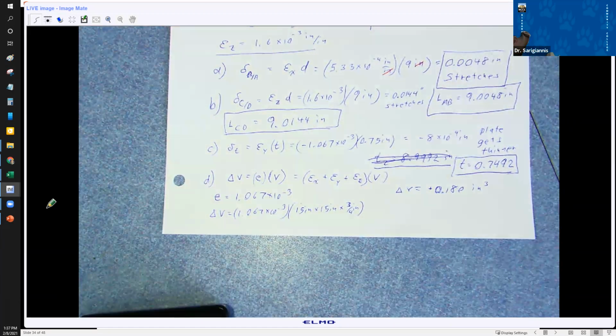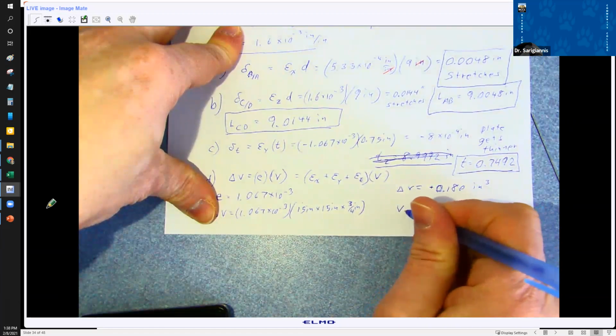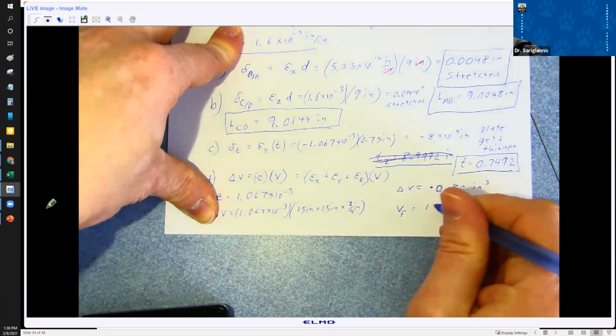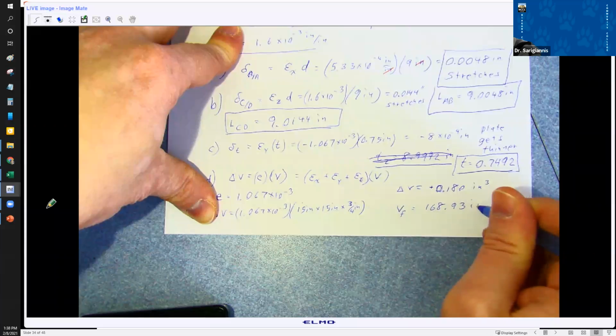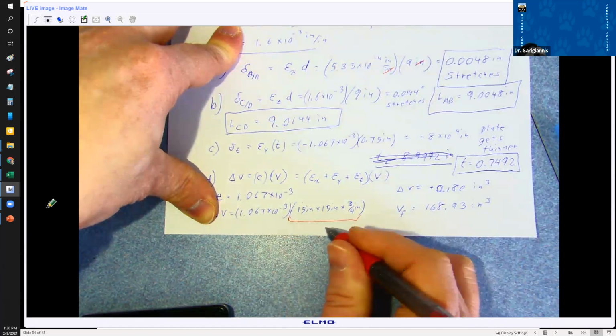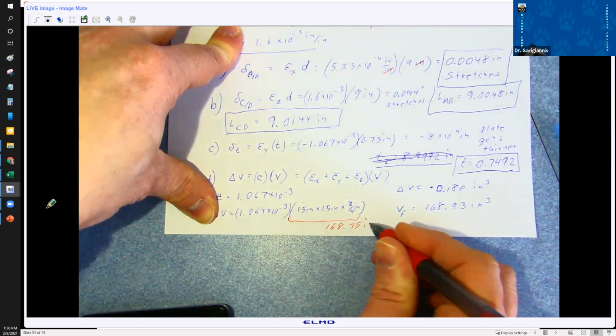So what's our normal volume? 15 times 15 times 0.75. This is very small. So V2 or VF equals plus 0.18, 168.93 cubic inches. This over here was 168.75 cubic inches.